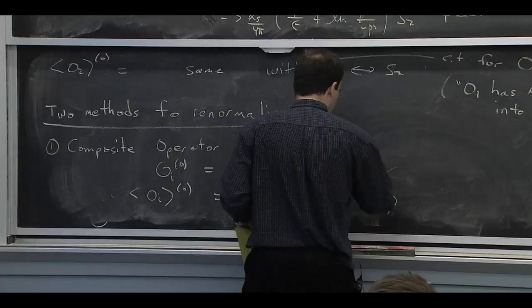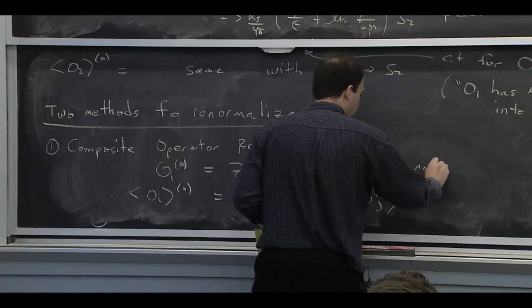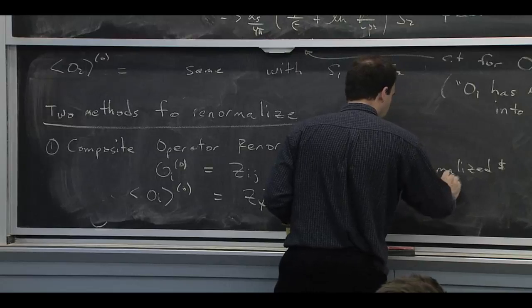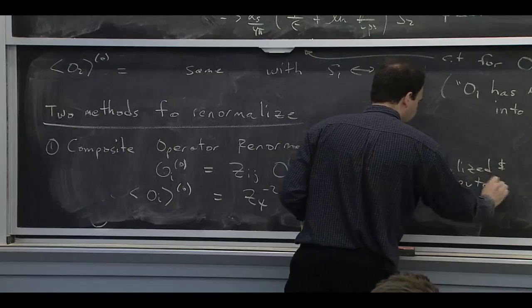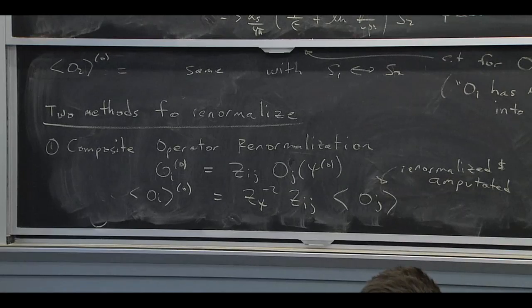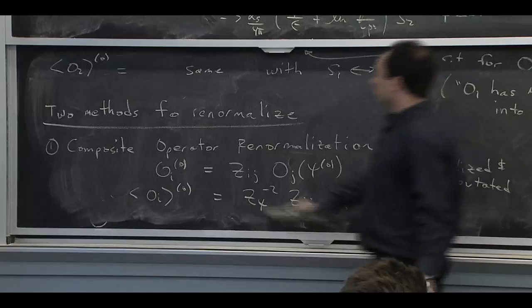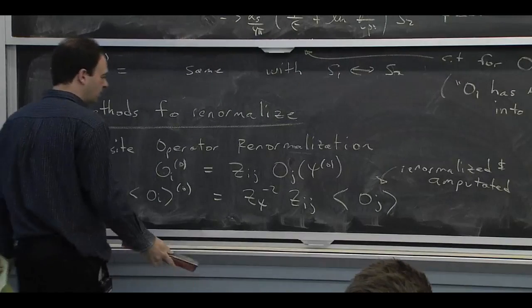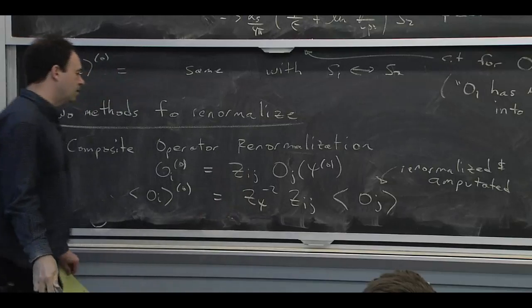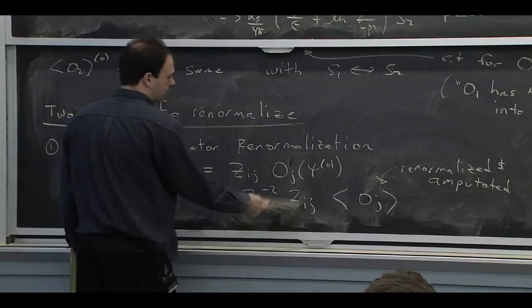So this guy here is renormalized and amputated. Okay, so that's the relation. You can calculate O0. That's what we were doing. We just calculated O0. We could remove z psi, and I just told you if you remove z psi, it's going to get rid of this. And then you use the remainder of the stuff to get zij.